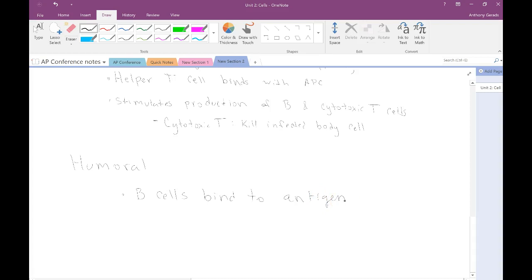Any number of things can happen to it. It can engulf it. It can become an antigen-presenting cell itself. So a B cell can become an antigen-presenting cell. It can also stimulate production of plasma B cells, which make, do you remember what plasma B cells make?